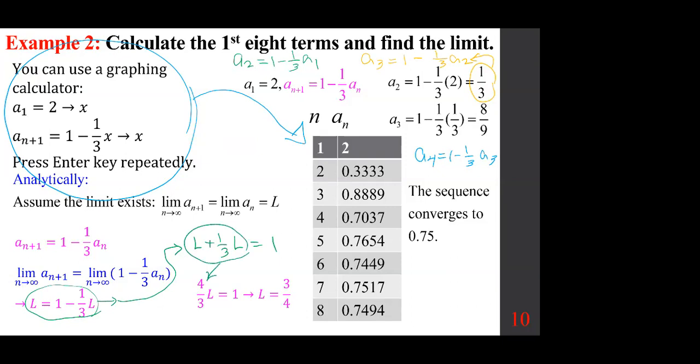And when you add these two, you get 4/3 L equals 1. Multiply both sides by 3/4. L becomes 3/4. I hope you realize 3/4 is the same as 0.75. I'm going to show you the calculator in a moment.